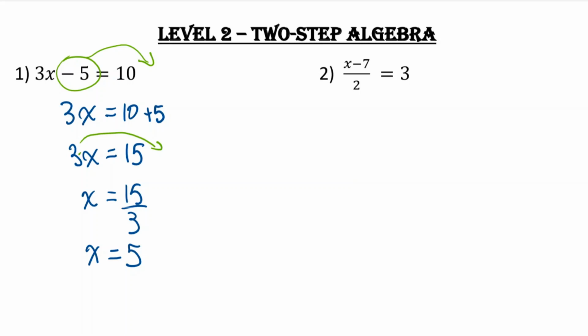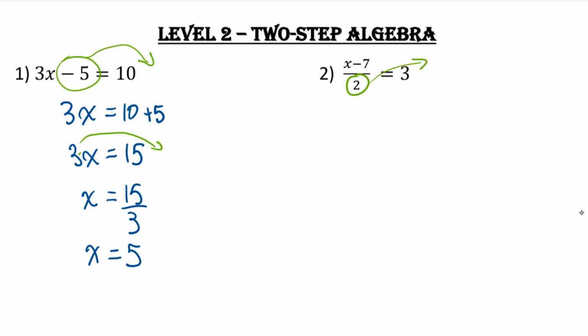Now moving on to the other one here. You need to be careful with these guys. This one is a package deal, so we can't just bring this 7 to the other side. We first need to deal with the 2. So we're going to bring this 2 to the other side.